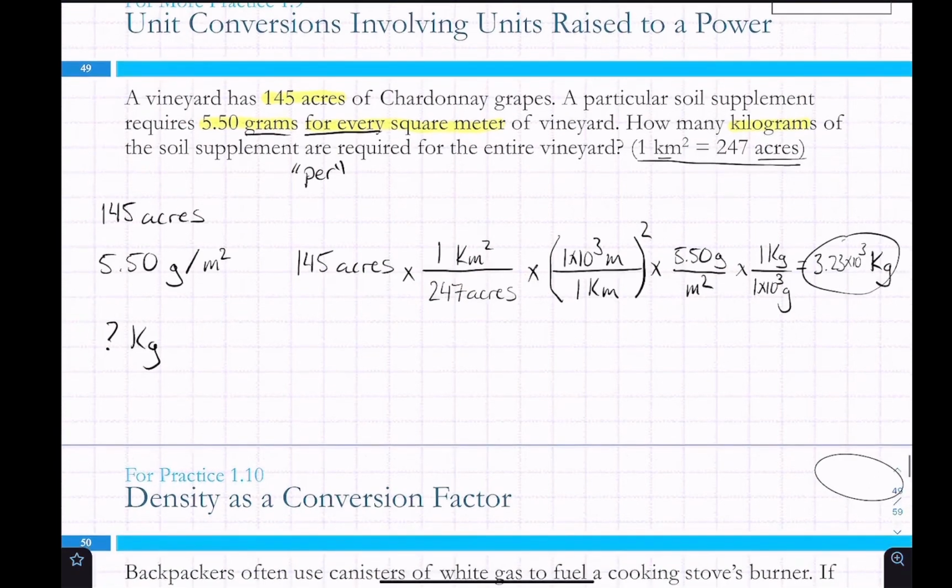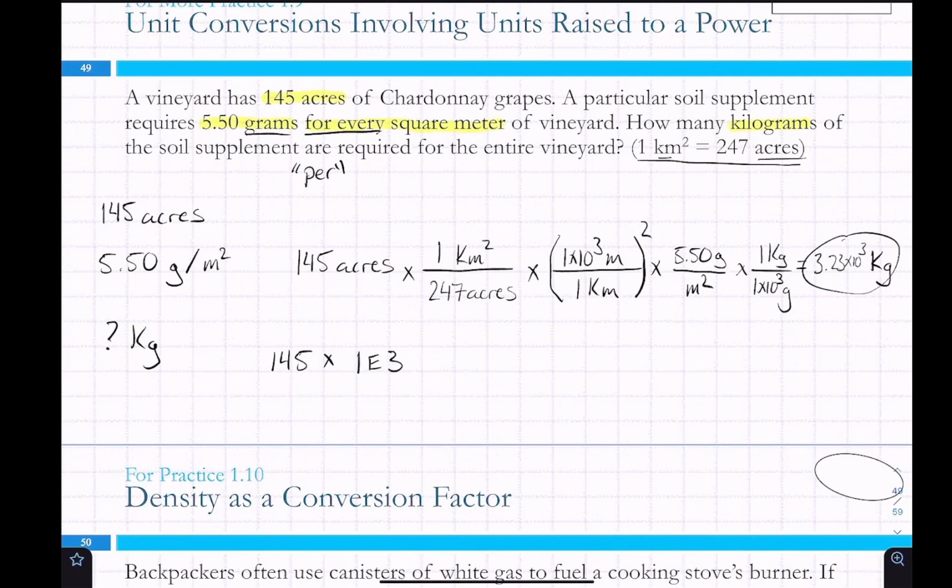Also, just to show you what this looks like if you type it into your calculator, for any of these times 10, the exponent part of scientific notation, I recommend that you use the E key on your calculator. So calculator input here looks like 145 times 1 E3.